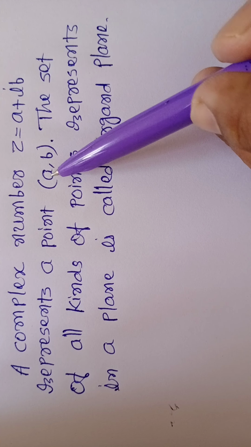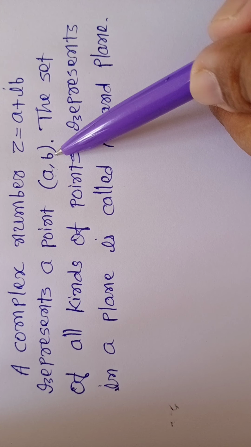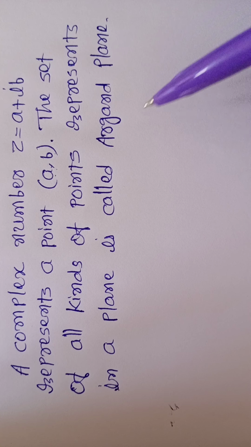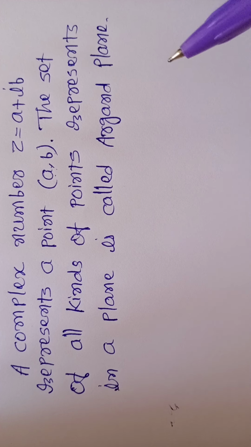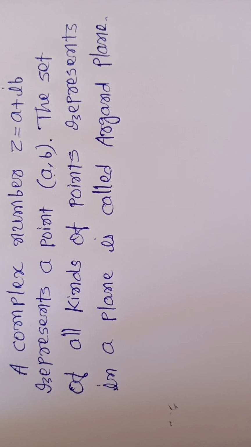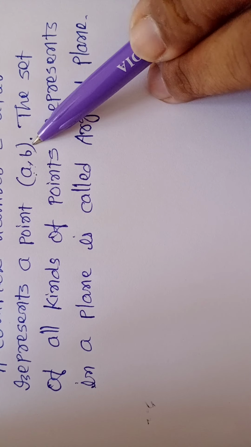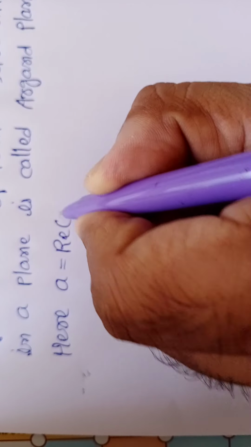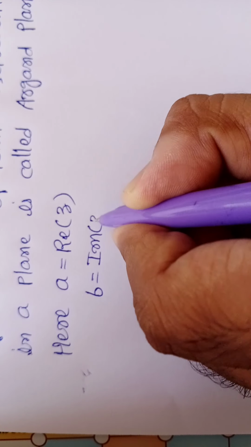See here, this (a, b), where a is known as the real part of z, you know that, and b is known as the imaginary part of z. So Argand derived a different kind of axis. One is the x-axis, but here the x-axis is known as the real axis, right? So a is the real part of z and b is the imaginary part of z.